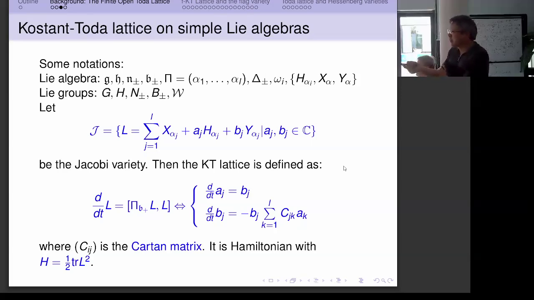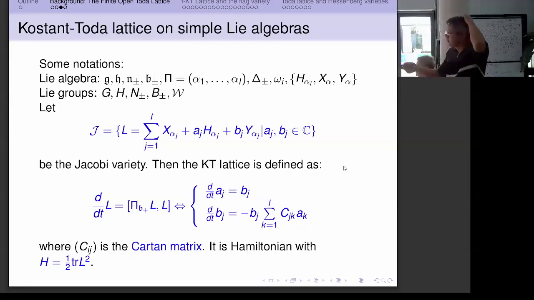If I write down the Lax pair and expand it, I will find that it looks very simple, but the equation is actually this: the derivative of a_j is b_j, but the derivative of b_j is a sum of a_j, and the coefficient is the Cartan matrix.